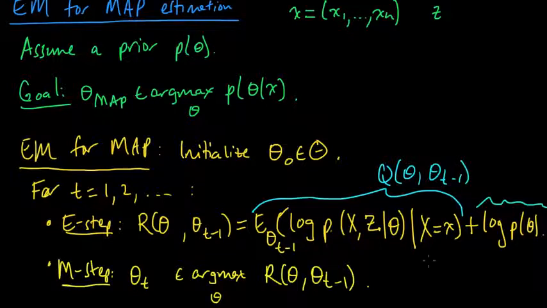So the only part which is different is this log prior. You could view this as just modifying the maximization step. When you maximize, you have the sum, so it's a balance between the prior and this Q. So that's EM for maximum a posteriori estimation.